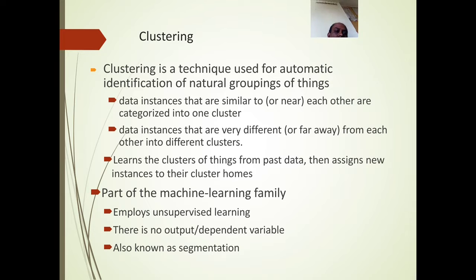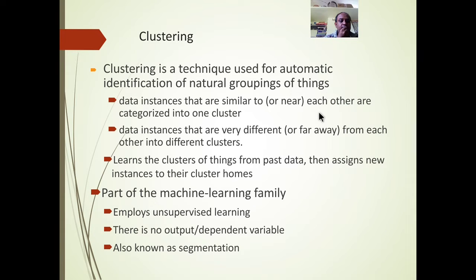Okay, clustering is a technique used for automatic identification of natural grouping of things. Data instances that are similar to each other are categorized into one cluster, and data instances that are very different or far away from each other go into different clusters.